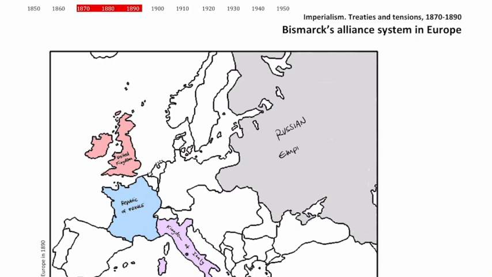Back then it was an empire reigned by the Tsar. So like the German Kaiser, there was an emperor in Russia as well, and he was called the Tsar. By the way, he was the cousin of the German emperor, but we are going to speak about these special relationships in the next lessons. Okay, so that's the Russian Empire.